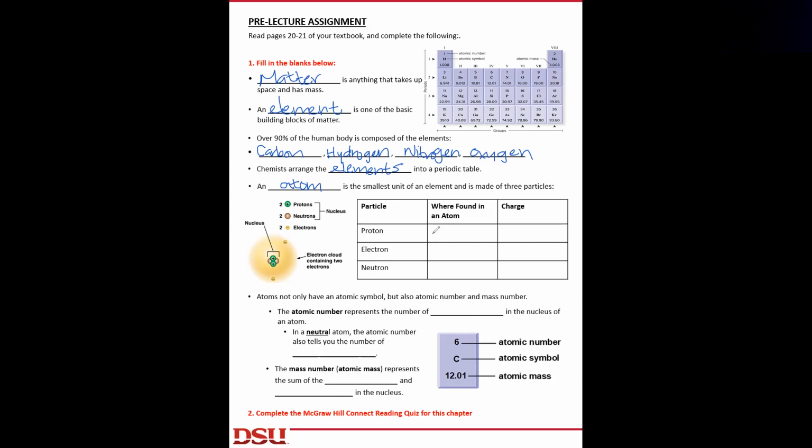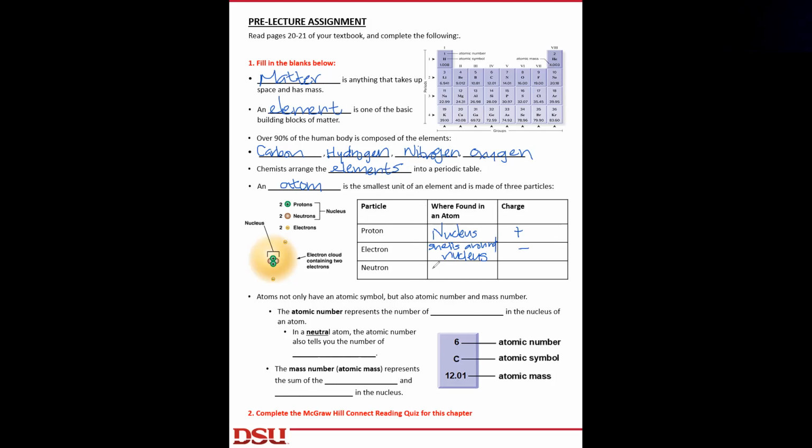So first we have protons, which are found in the nucleus. They have a positive charge. Electrons are found in shells around the nucleus. When I say shells, I'm not talking about seashells. It's more like if you think about a nut that has a shell around it, that kind of shell.